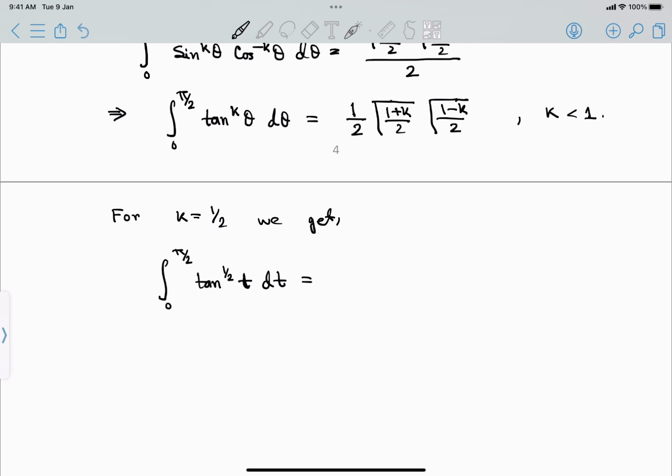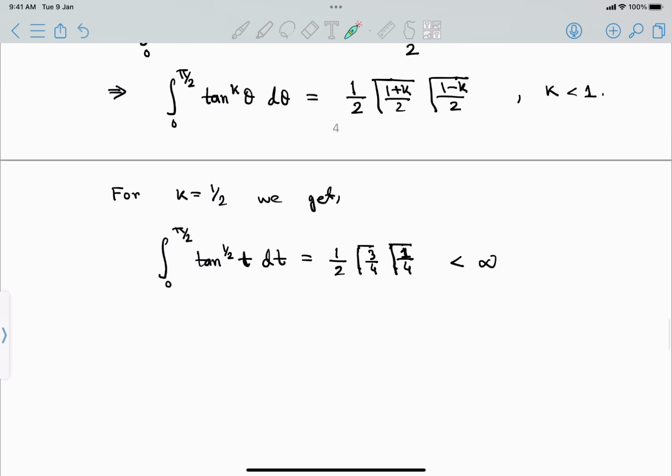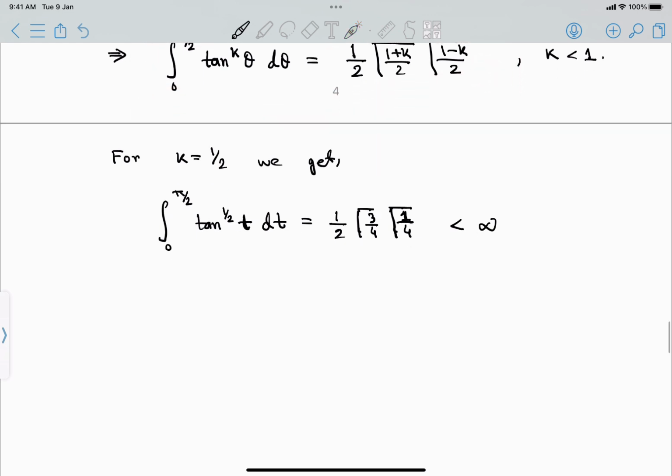So this is half gamma 3 by 4 and gamma 1 by 4. And this you can show that this is finite. So we got integral 0 to pi by 2 tan to the power half dt is finite. You can find the explicit value of this. So let me also write.